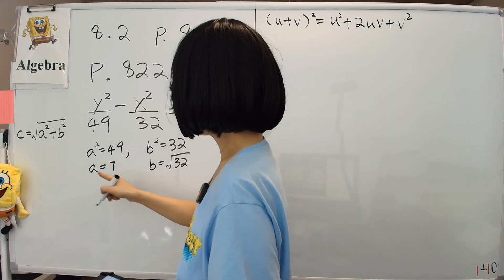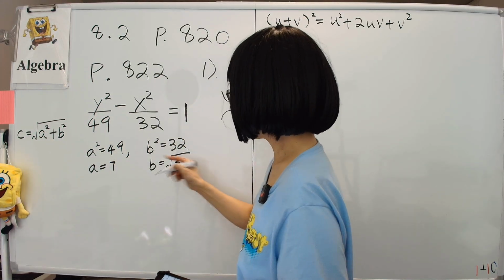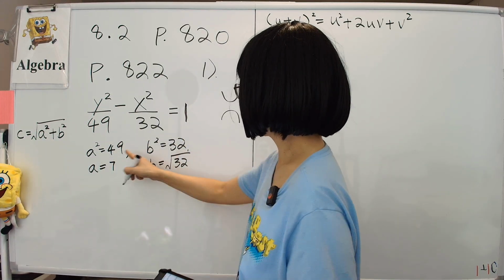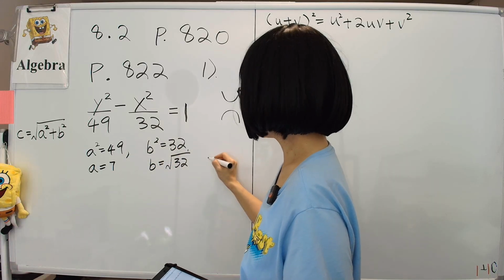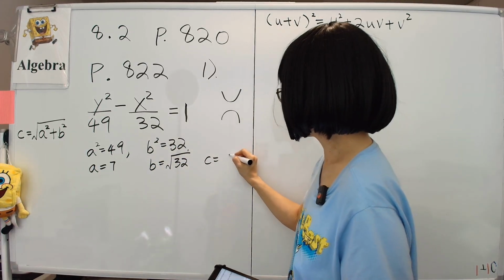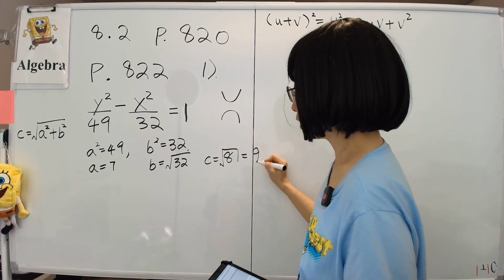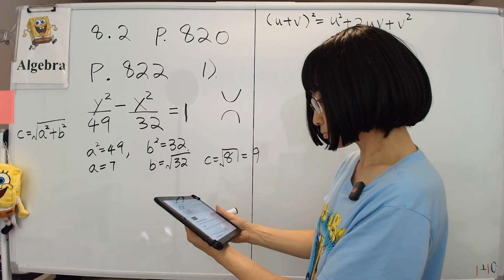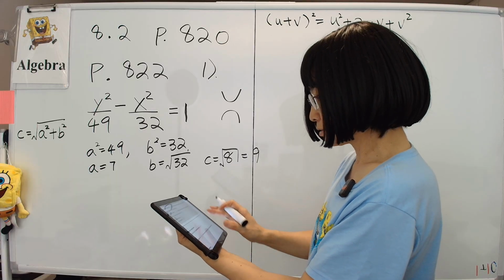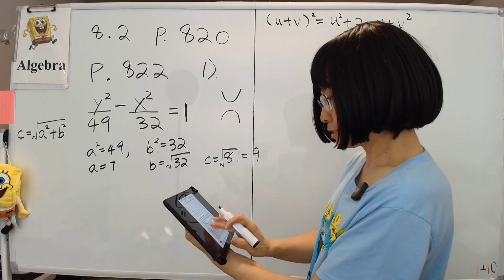And then c is the square root of a squared plus b squared, so c equals the square root of 49 plus 32, that's 81, the square root of 81, which is 9, I guess. So that is the hyperbola. Wow, they didn't even graph the thing.